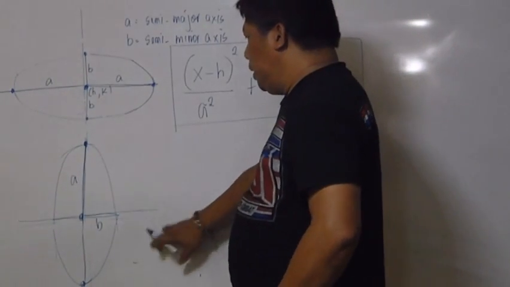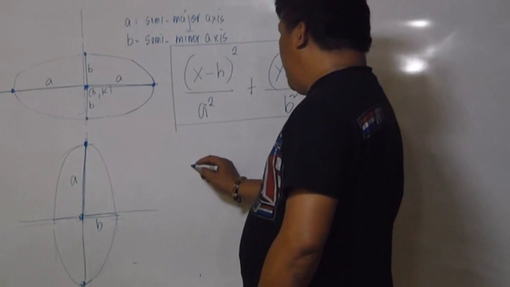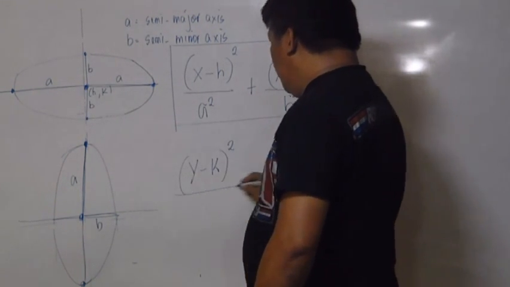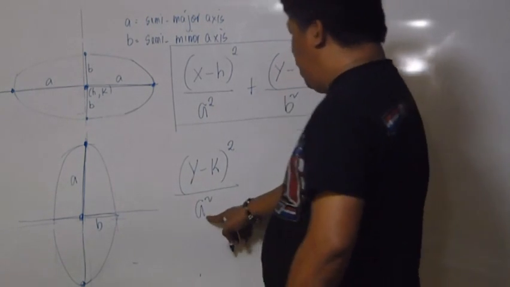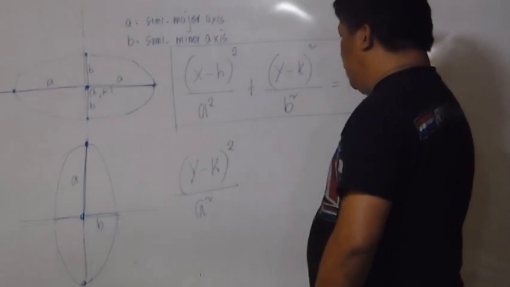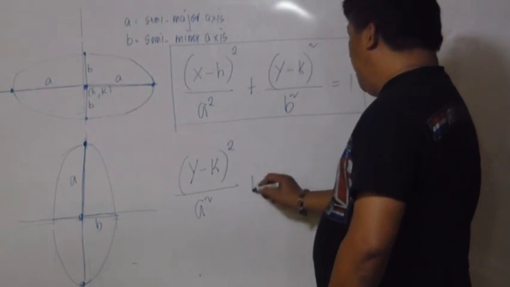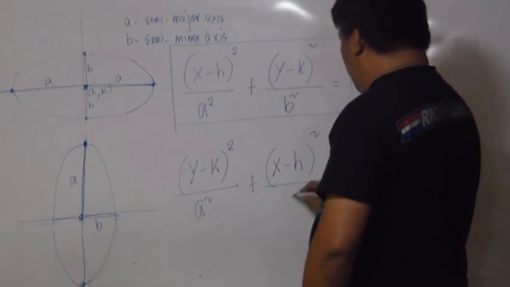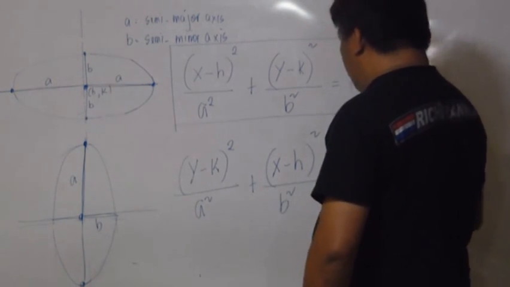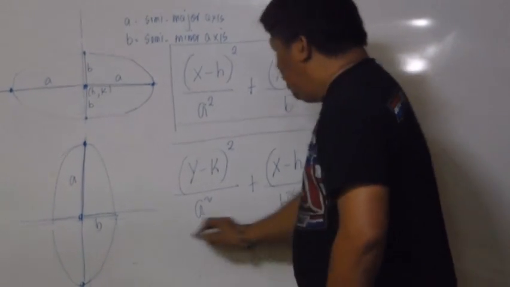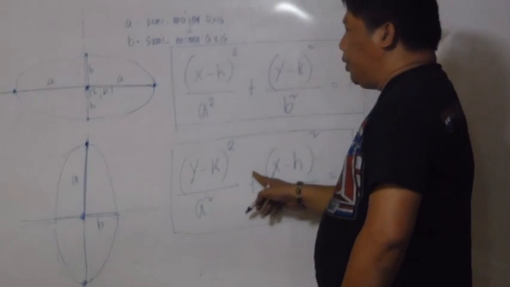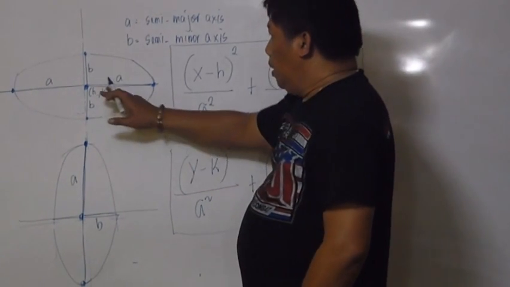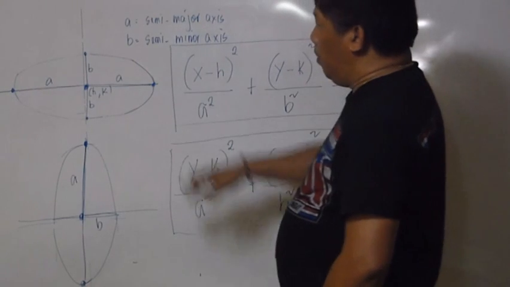But when the major axis is along y, we can have here (y minus k) squared over a squared, where a is the longer axis. Then plus (x minus h) squared over b squared is equal to 1. These two will mean the same thing for an ellipse equation, but it depends upon the location of the major and the minor axis.